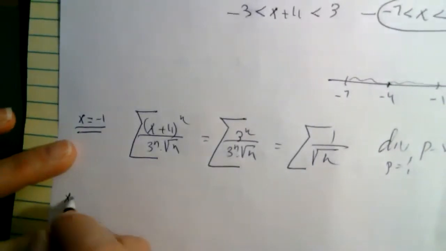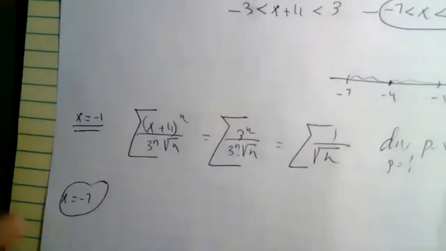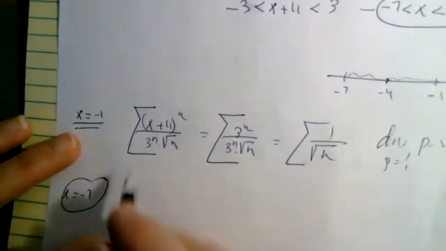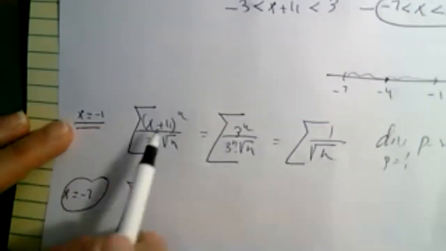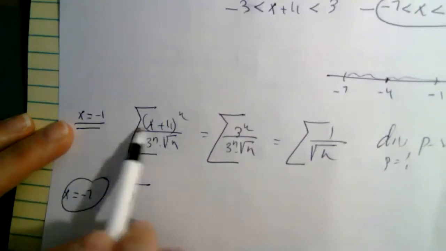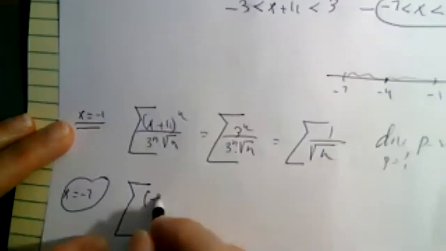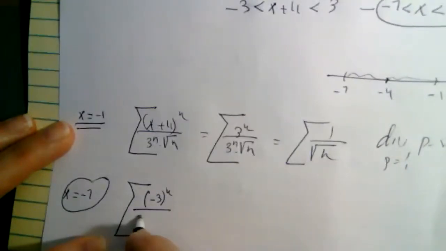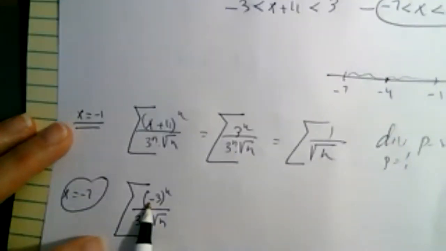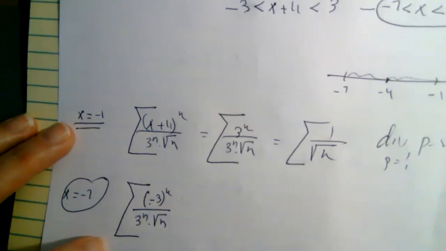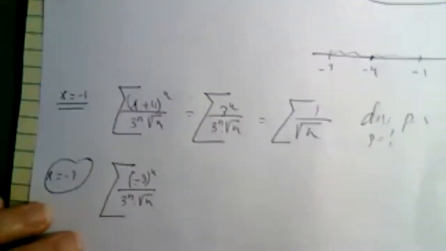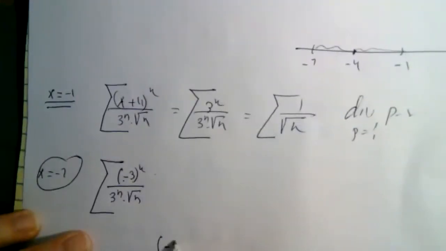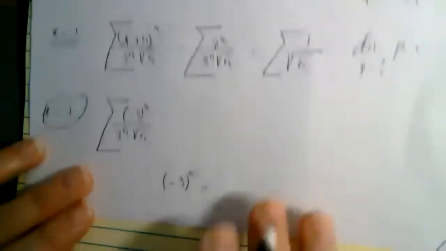x equal -7 is easy, but let me point out the algebra mistake. I plug in -7 here, -7 plus 4 gives me -3 to the power n over that. And it's this -3 to the power n that gave some students a headache. I saw a lot of that.